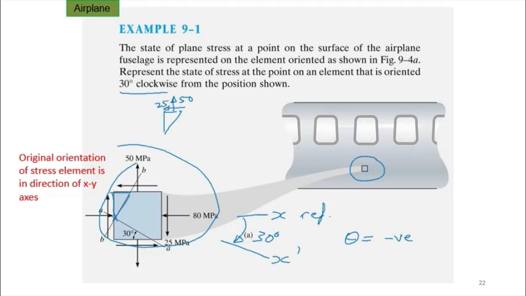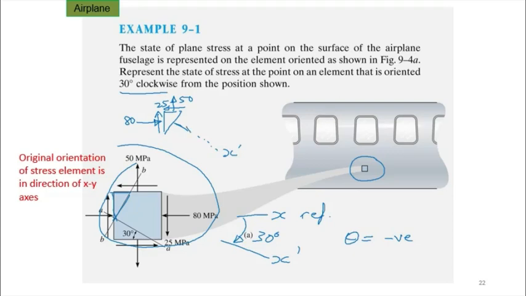On this surface, on the left surface, we have 80 megapascal, which is compressive. So we have 80, right? And we also have the shear, which is 25. So now x prime is in that direction, right? So that's x prime.